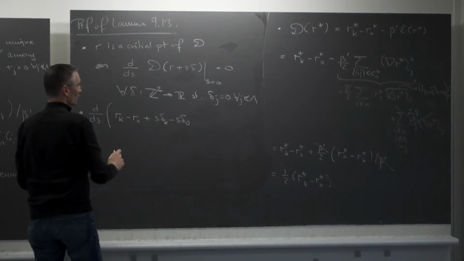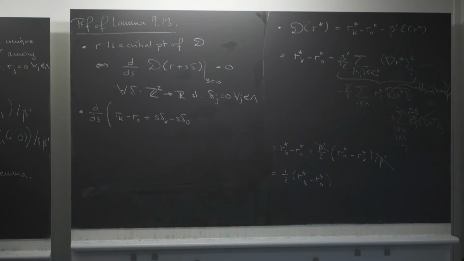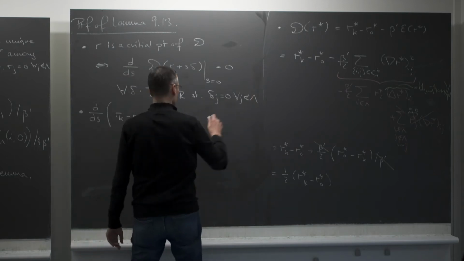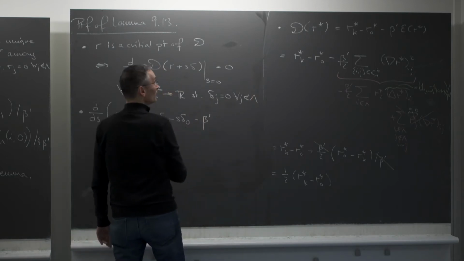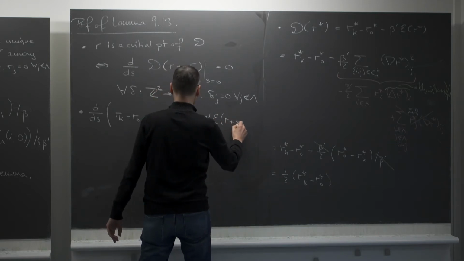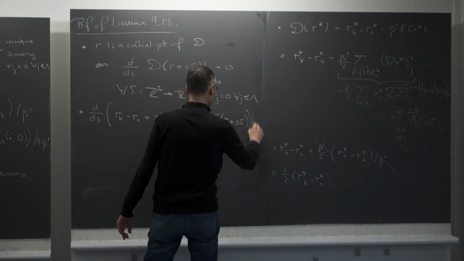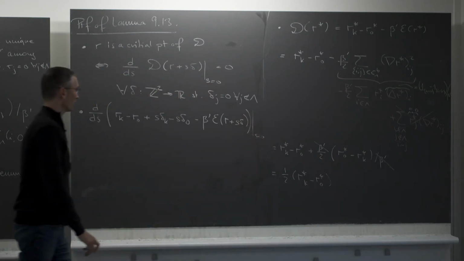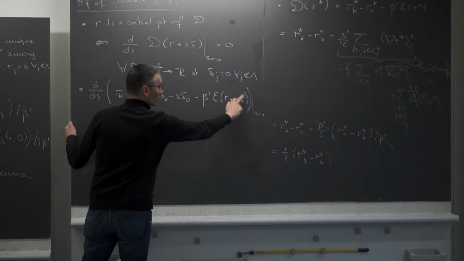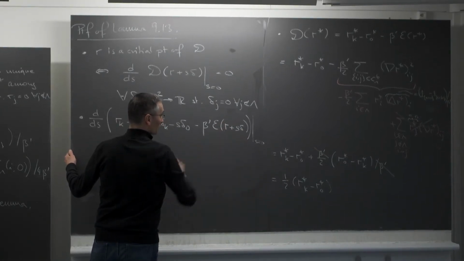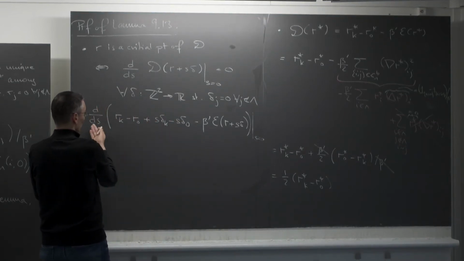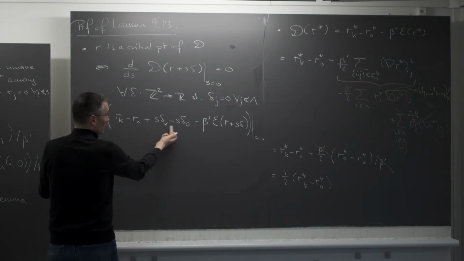So that's just what I get from this part of the function D. And then I get the second part, which will be beta prime E of R plus S delta, and everything has to be evaluated at S equals 0. Okay. So this part we already computed its derivative at 0 when we were doing the Mermin-Wagner theorem, so we'll get exactly the same thing. And here, in these first four terms, when I compute the derivative with respect to S, the only thing that survives is delta k minus delta 0.